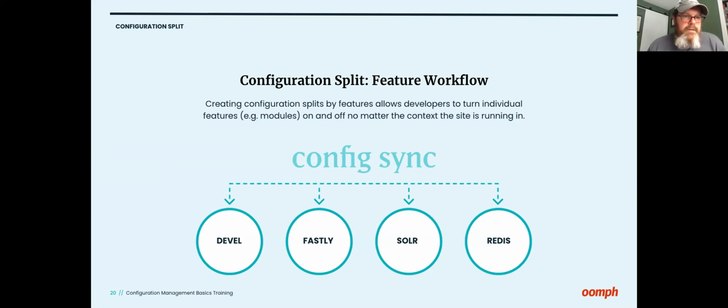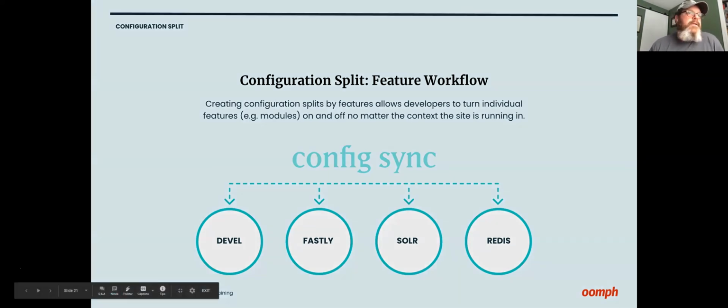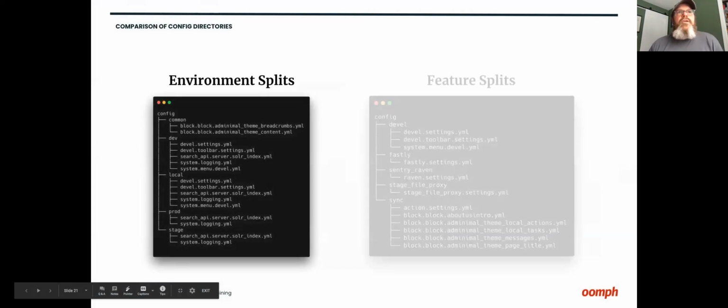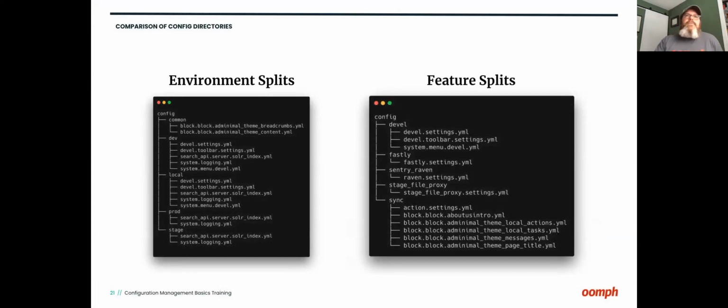Let's jump in. Let's look at the configuration there. So here you actually have a folder directory, and this shows you what the folder structure is for each of these types of workflows. Environmentally, you have a config folder. Inside that config folder, you have your common configuration. Then you have your dev, local, prod, and stage folders.